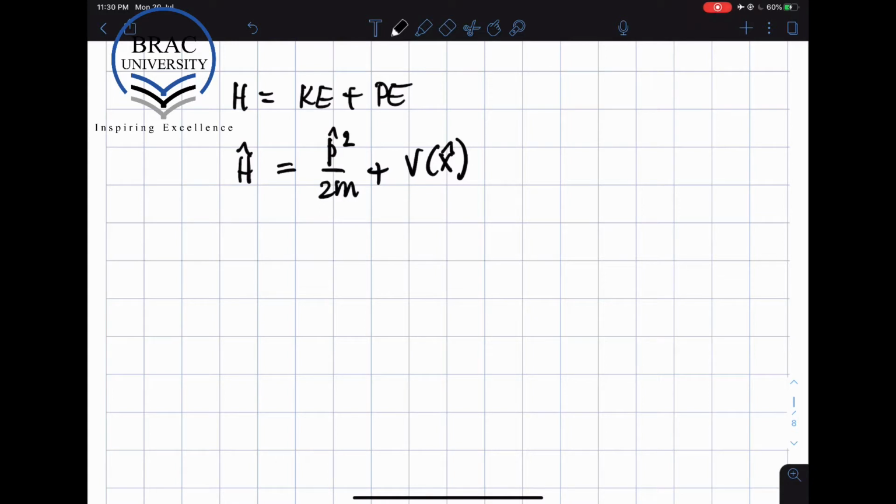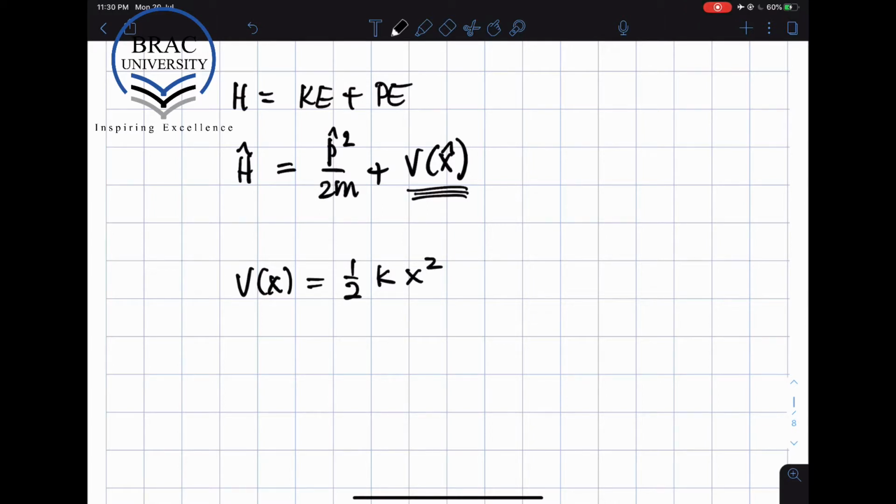You might wonder what this thing is. Classically you might have some potential. Say the potential could be a harmonic oscillator potential, half times K x squared.